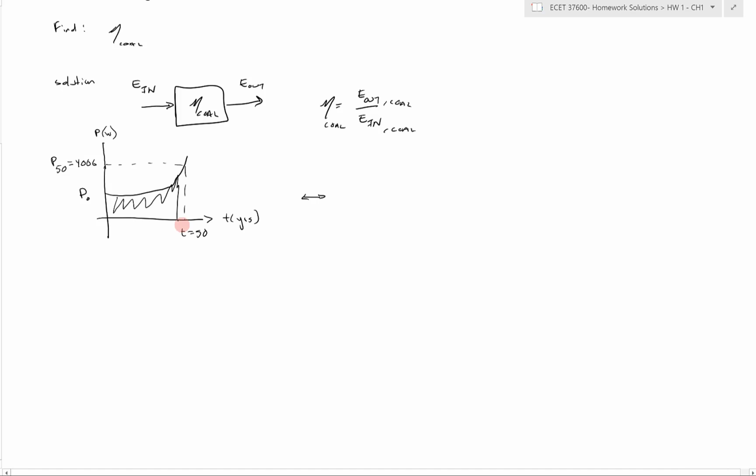Remember, what we're trying to figure out eventually for the top of this fraction is E out coal, and the formula we have for that is that we take the initial demand, divide it by the growth rate, and multiply it by e to the alpha t minus 1. So that's the integral having been done for you. It's the result of calculus. And to do that, we need P0. We don't have that. We have P50.